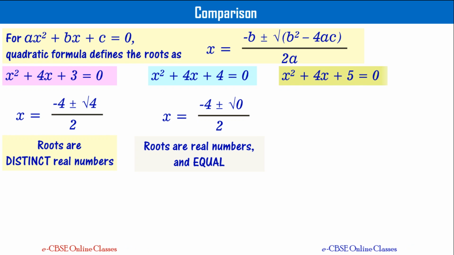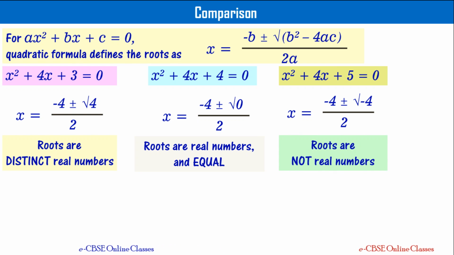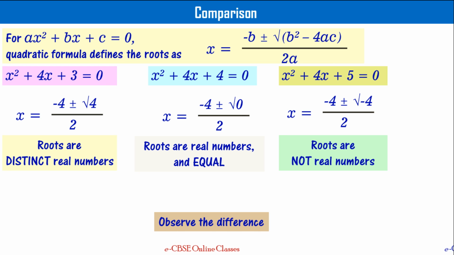For the third problem, we have shown that x can be written as minus 4 plus or minus square root of minus 4 divided by 2. And we said that roots of this particular equation are not real numbers, right? Now, let's observe the difference between these three.